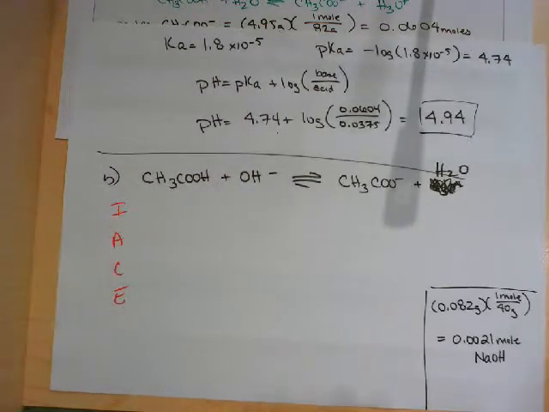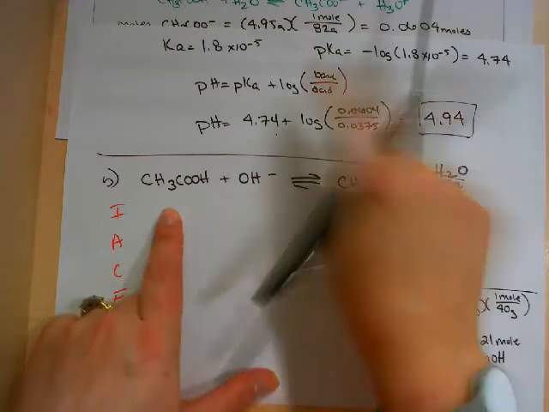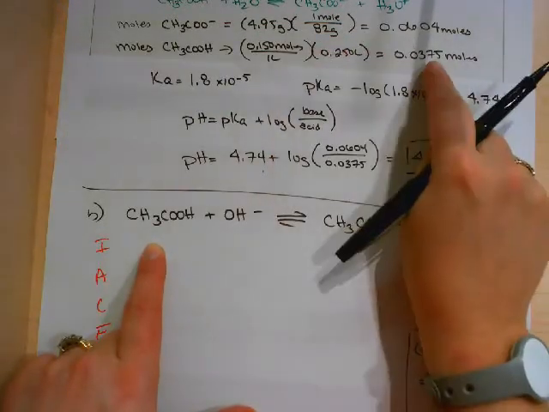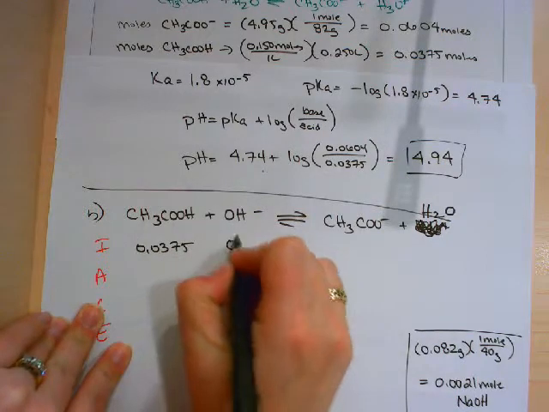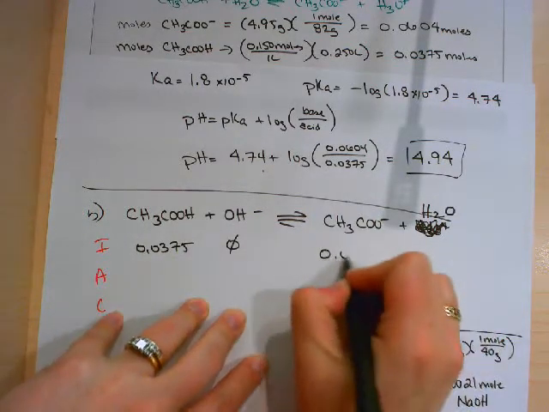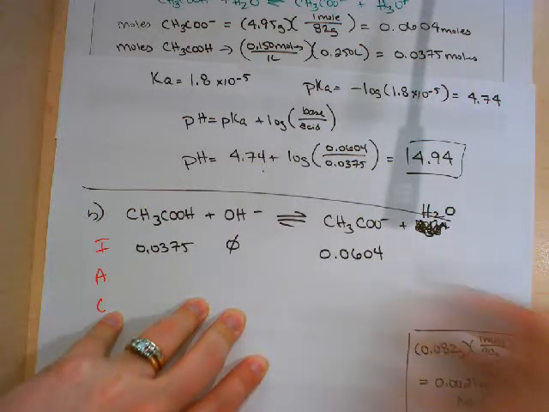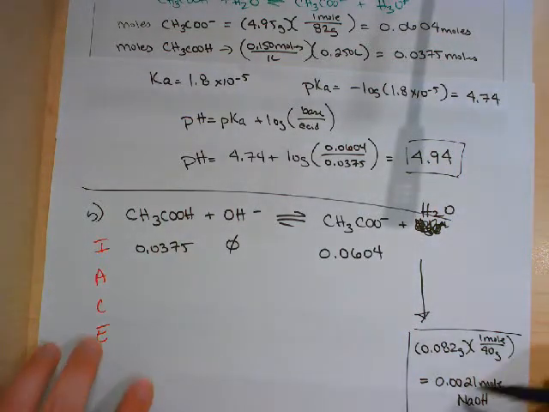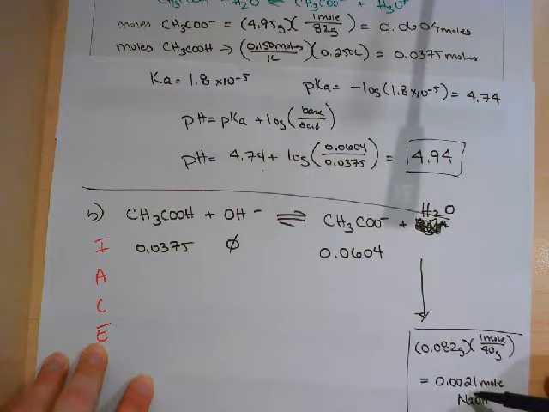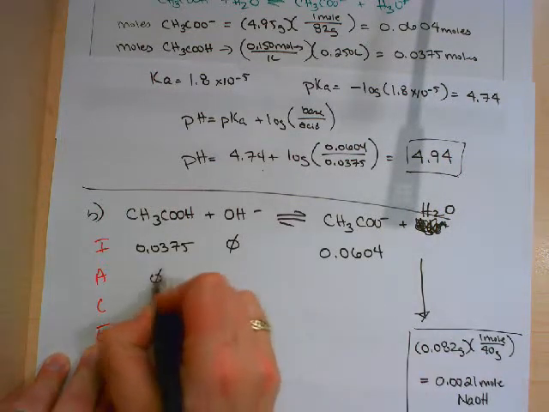Alright, so now we're ready. I know moles of this. I had it up here. There it is. Initially, we don't have any of that, and we initially have this. It's okay if I don't have any more water. Now I have this many moles. I didn't add any of that.